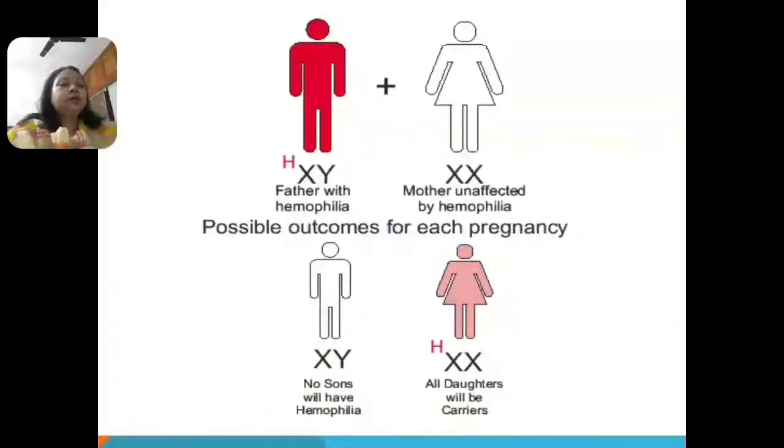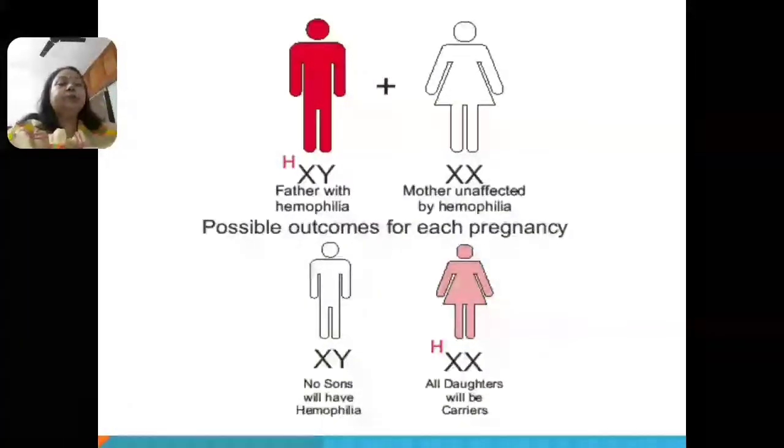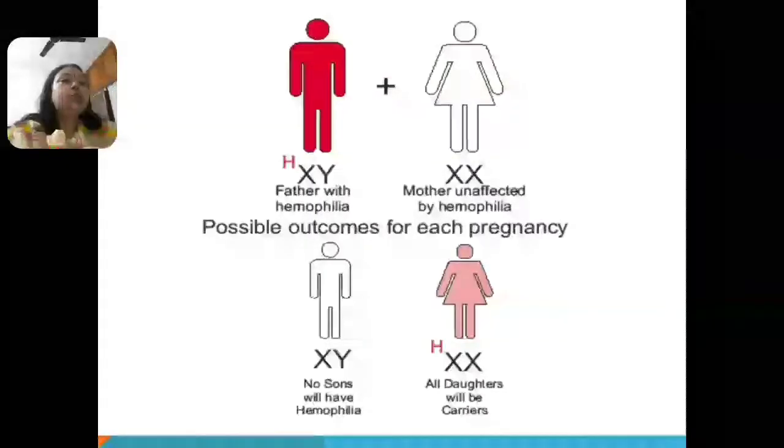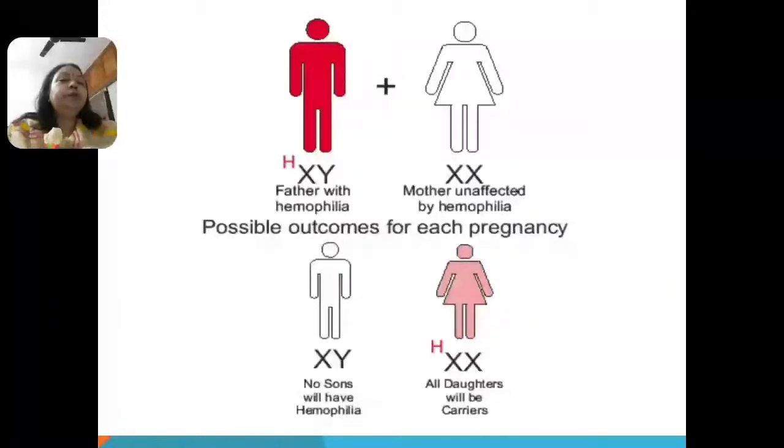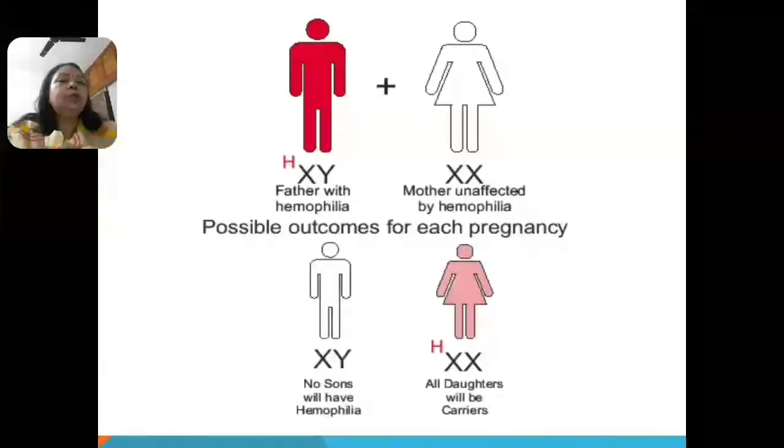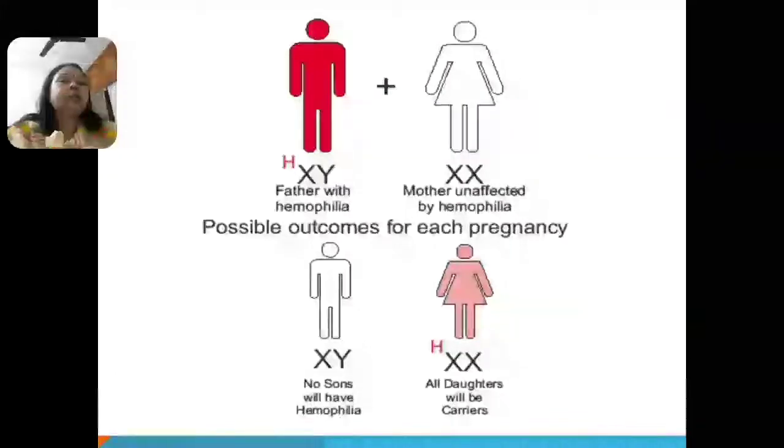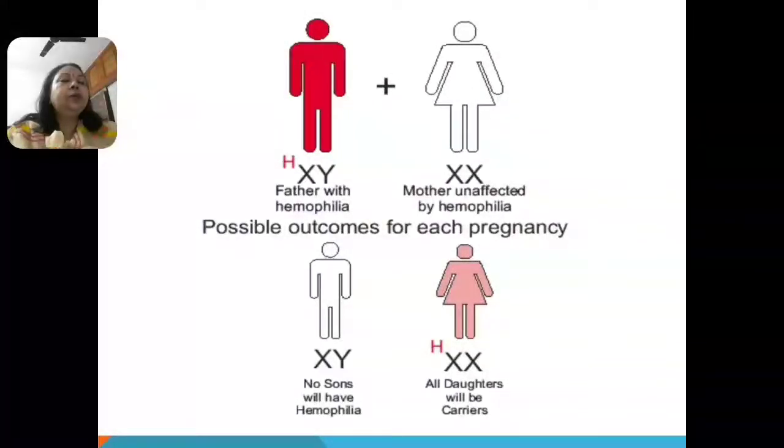In this slide, we find a chart of the possible outcomes for each pregnancy. If a father is hemophilic, H denoting hemophilia, and married to a lady who is totally unaffected by hemophilia, what about the progeny?